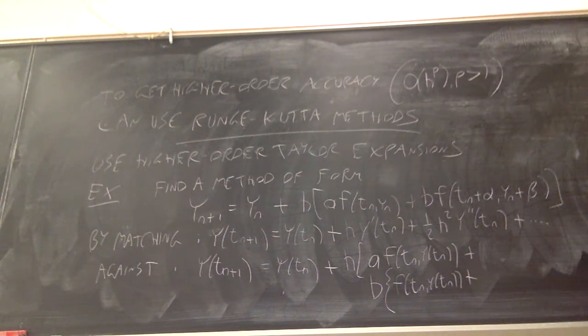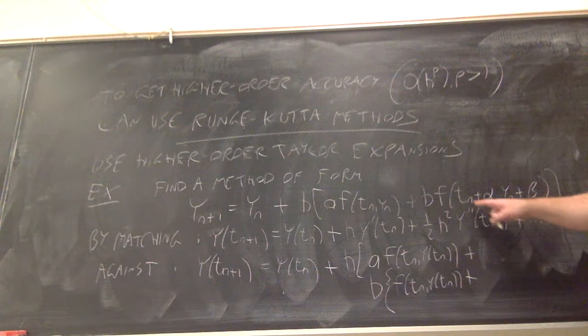And then normally your next term, your second term in a Taylor expansion, involves the first derivative. Well, this is a function of two variables. We're going to have two first partial derivatives.